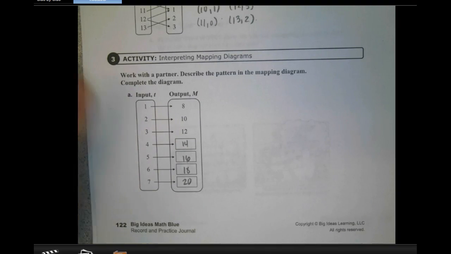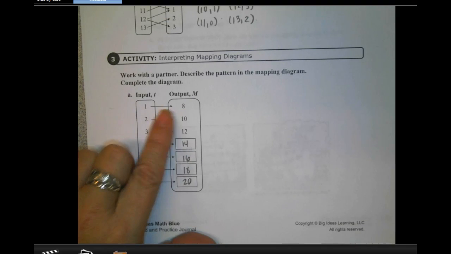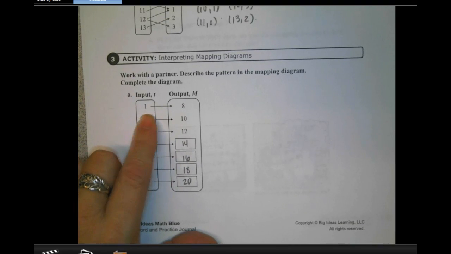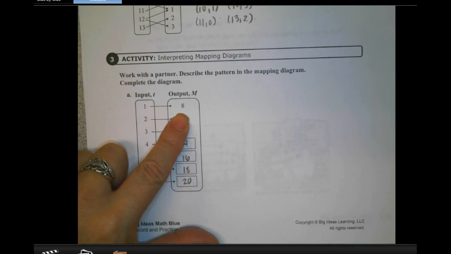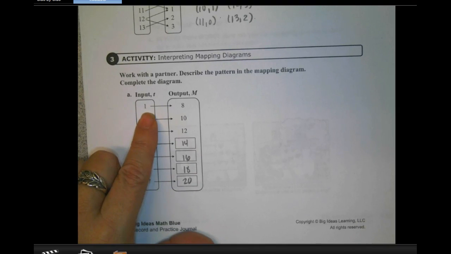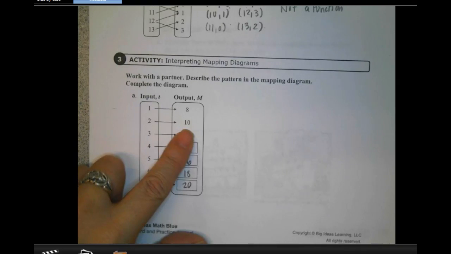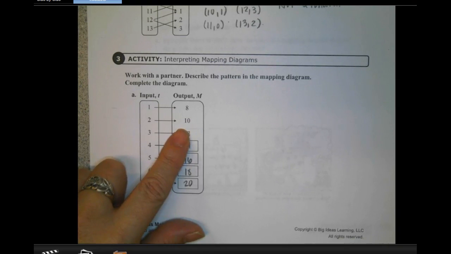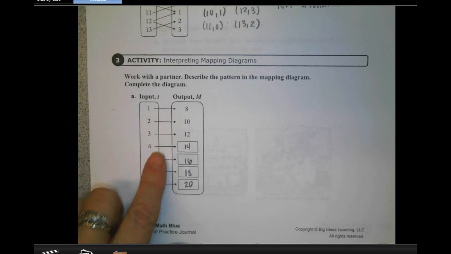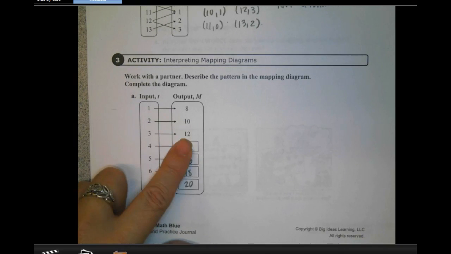So let's see. If I can figure out how I got 8 from 1, I added 8, right? Or I added 7. If I add 7 to 2, what do I have? 9. So that doesn't work because that's not 10. If I add 7 to 3, what do I get?